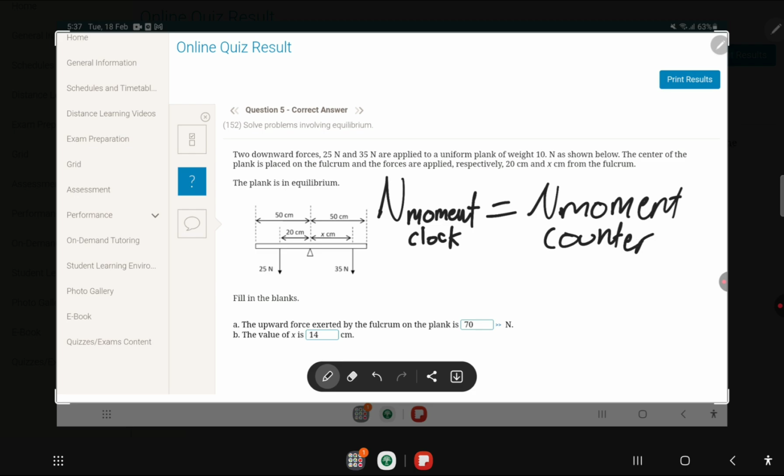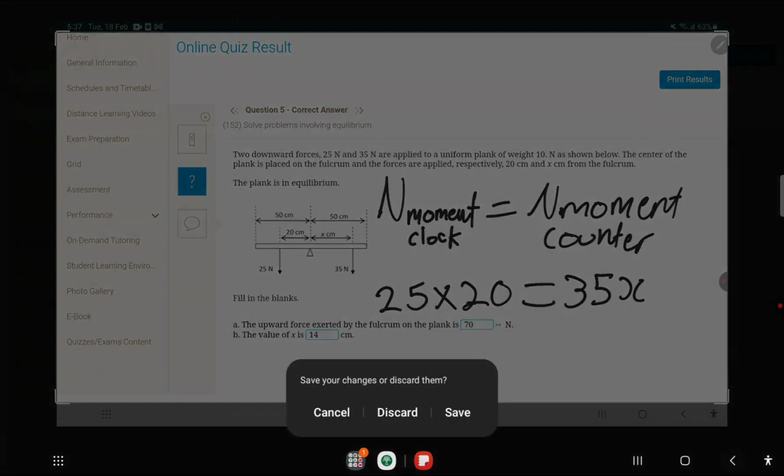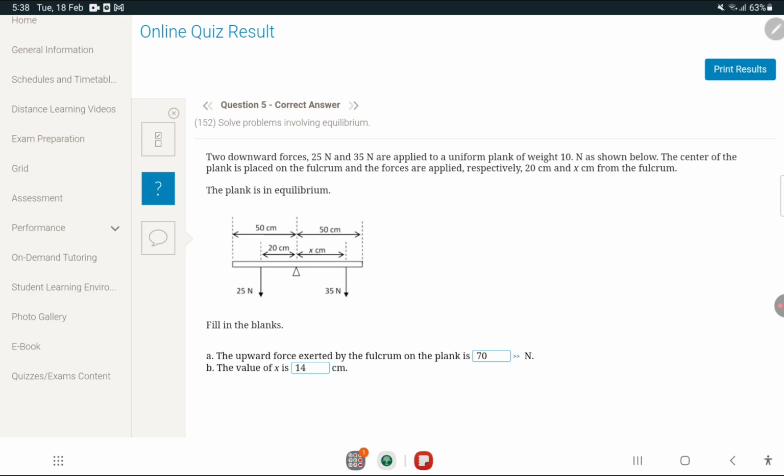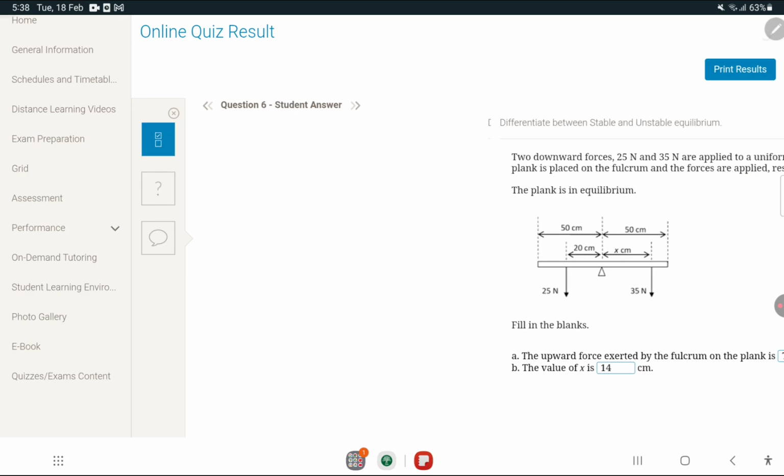So what we're going to do is 25 times 20, the order doesn't matter here, equals 35 times x. Let me just write 25x here, okay? If you put it into the calculator, you are going to get a decimal. However, here, I don't think there's an extra option, but you just put in 14. Alright, on to the next.